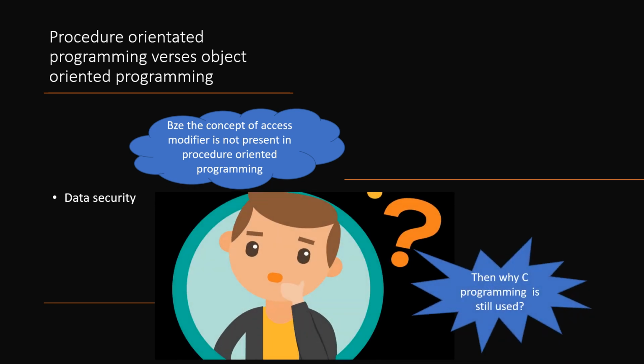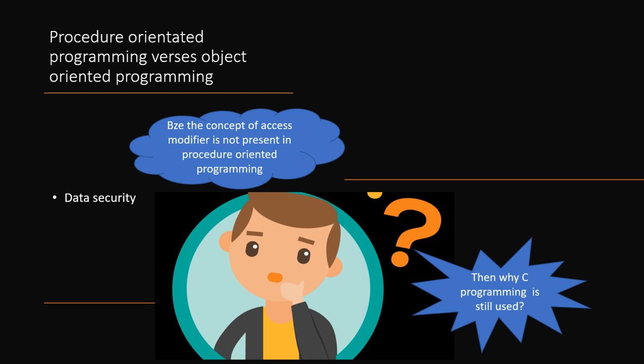Now the question that comes is, C has no data security, so why is C still used? I'll give one example and explain. Say you take a calculator. Say I want to develop a calculator. To develop a calculator, I don't need any data security. There are some applications where data security is not needed.